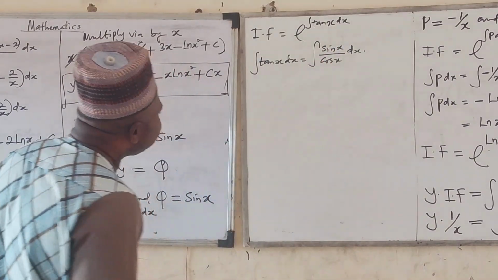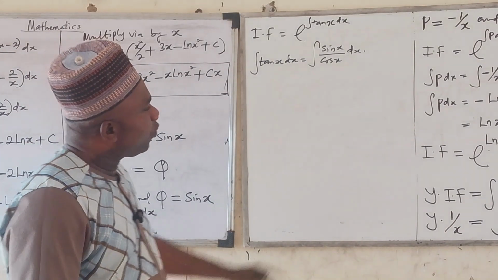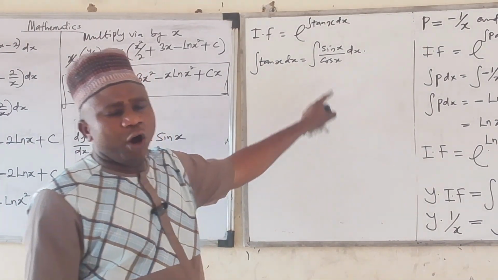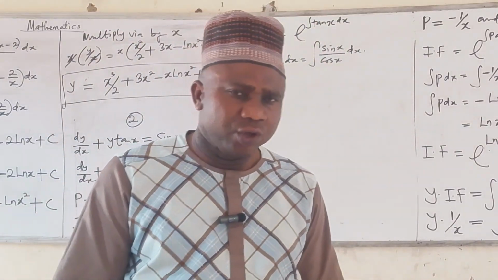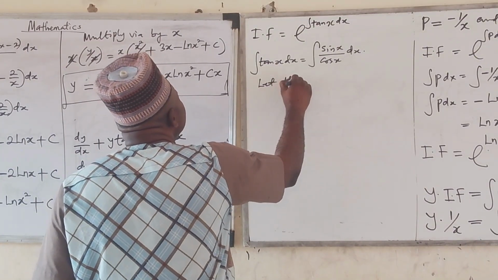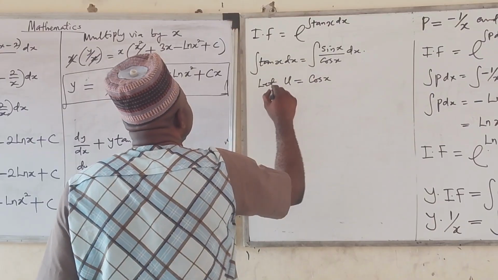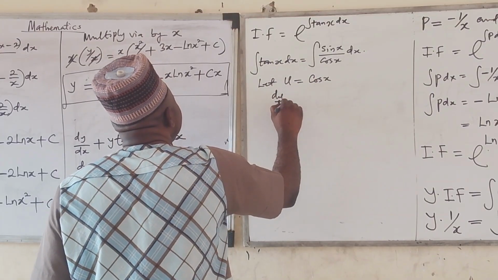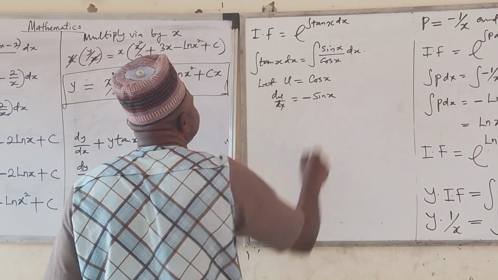Now this is a case whereby the derivative of the denominator is equal to the numerator. So in this case, you just say let u be equal to cos x. So our du over dx, when you differentiate cos x, it gives minus sine x.